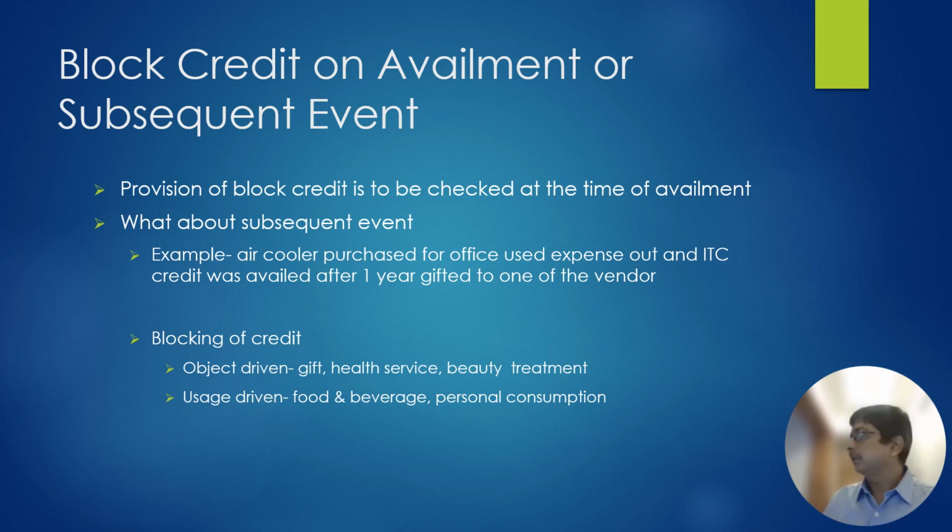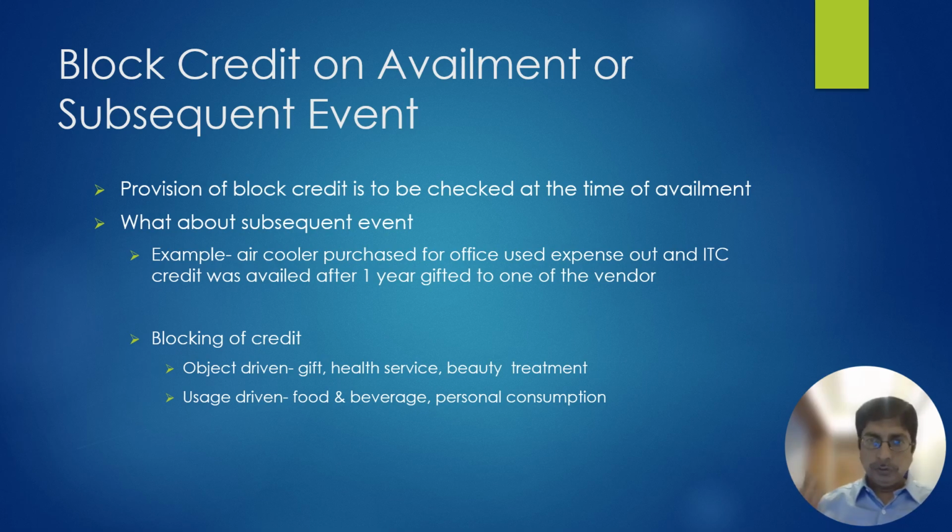Let's take one example: a company purchased an air cooler. It uses that air cooler in the office. One year before, when it was purchased, the GST credit was also availed, and after 1 year it gifted that air cooler to one of its vendors. That does not mean that due to this event you should go to section 17(5) to reverse the credit which you have availed 1 year before.